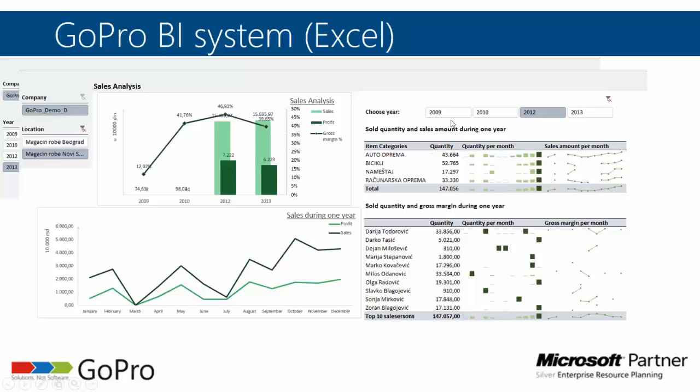On the first report, we can see sold quantity and sales amount per item categories for one year. The second dashboard shows sales amount and profit per one year. The second report shows quantity and gross margin during one year for the top 10 salespersons. We can analyze for a specific company, location, and selected year.